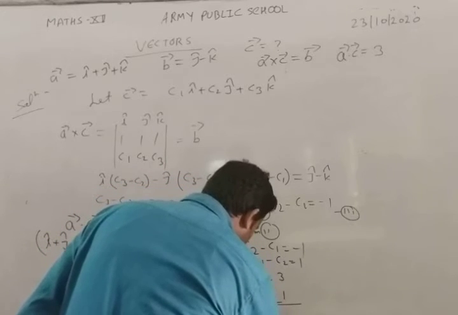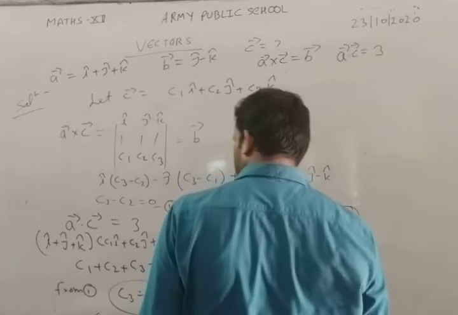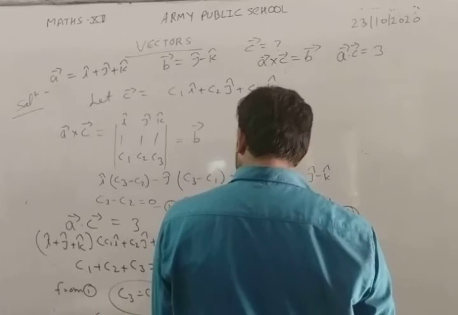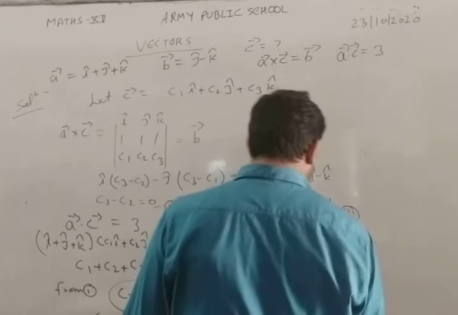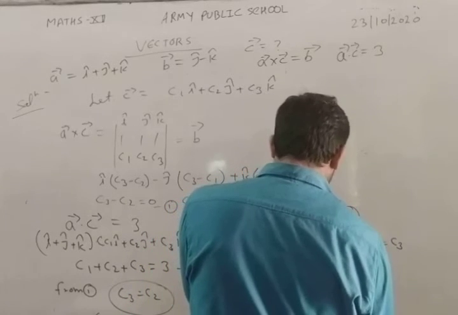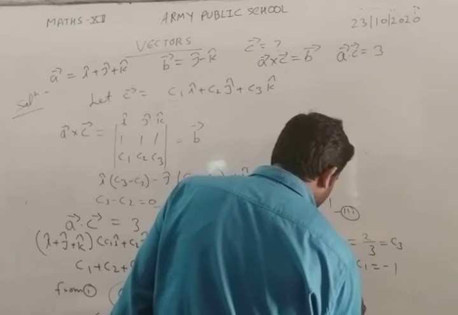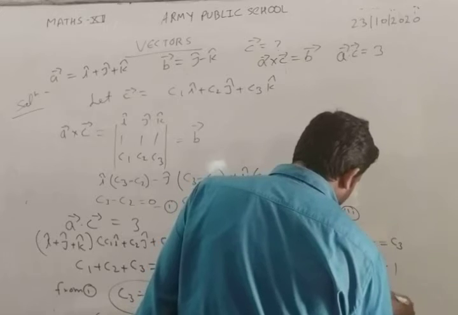3, C2 is equal to 2. Now C2 is equal to 2 by 3. So C2 is 2 by 3. So C3 will also be equal to C3. Now C2 minus C1 is minus 1. So C2 is 2 by 3, plus 1 is equal to C1.